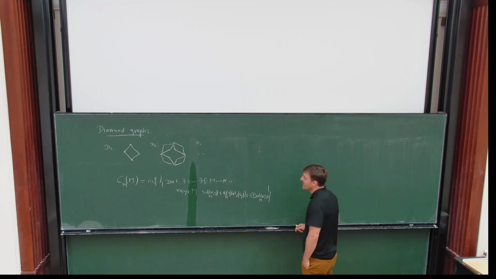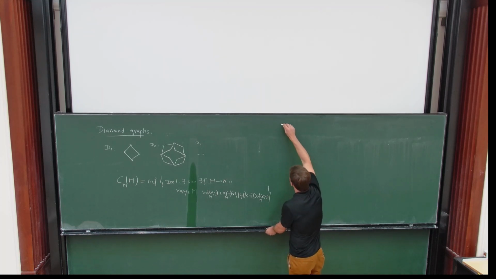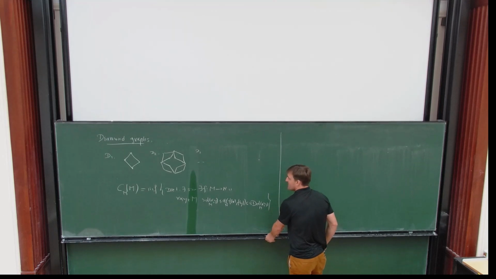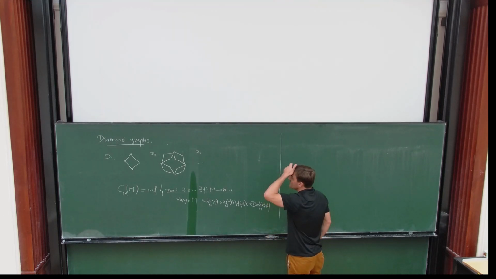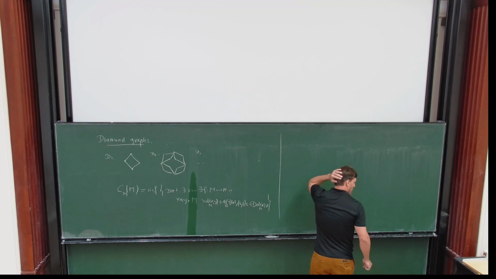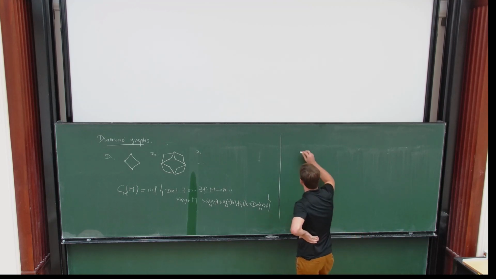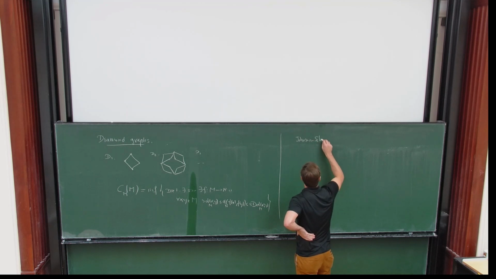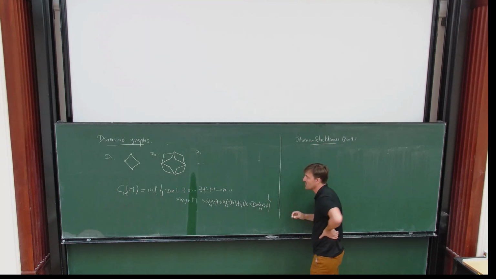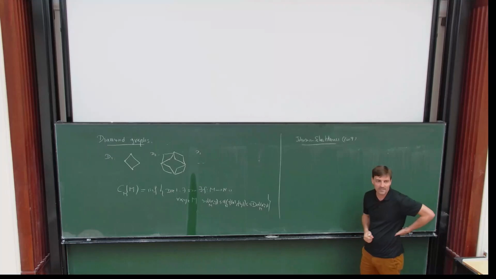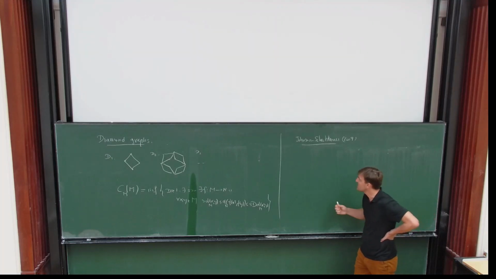So there is this nice result of Johnson, Lee and Schechtman. This is around 2009. They proved the following metric characterization of a local property of Banach spaces.